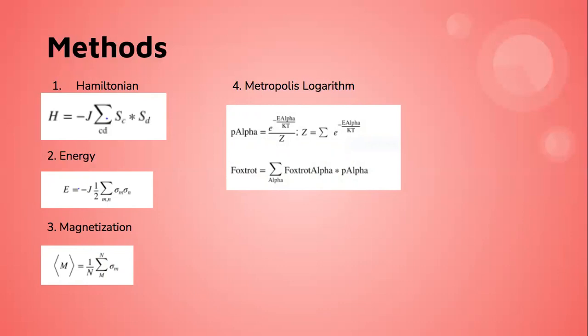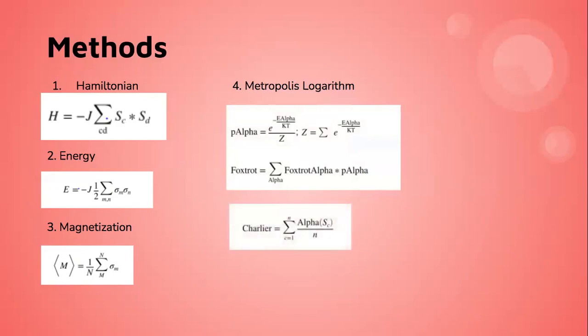Given our system a chance to obtain equilibrium, this equilibrium state will allow one to use the Boltzmann distribution to find alpha and therefore predict a value, which we'll define as foxtrot, that has a possibility of being at the expected state given the following equation that we see on the screen.